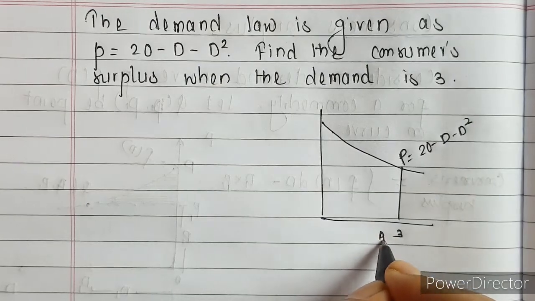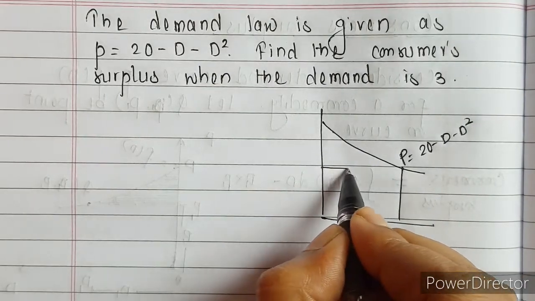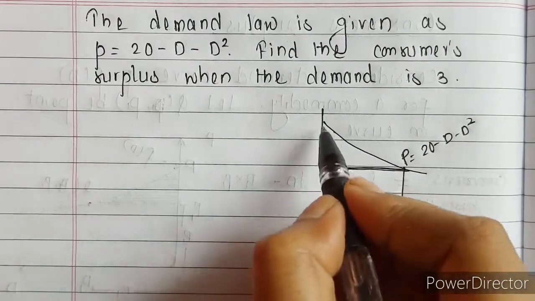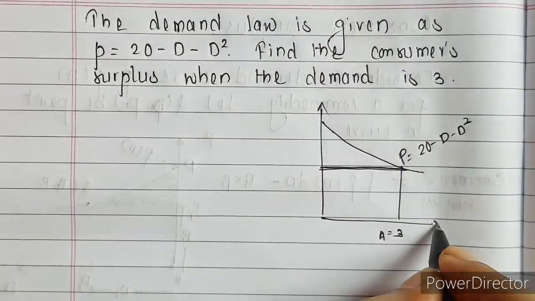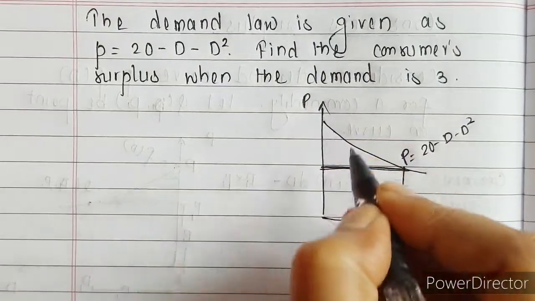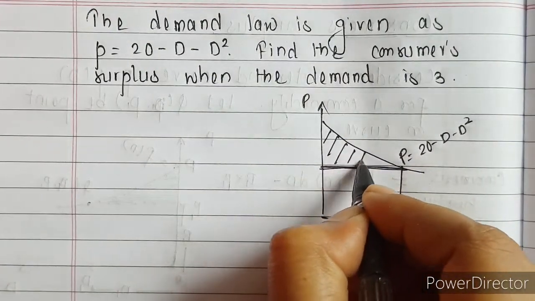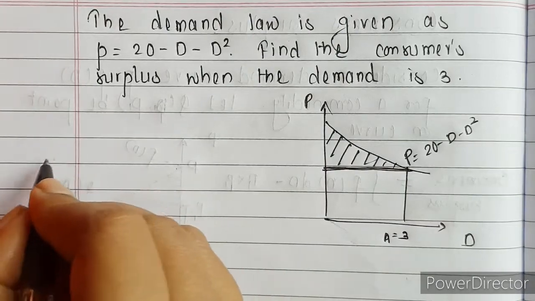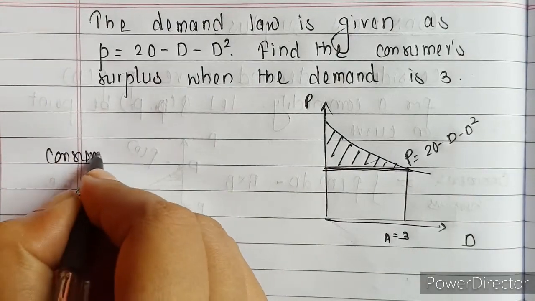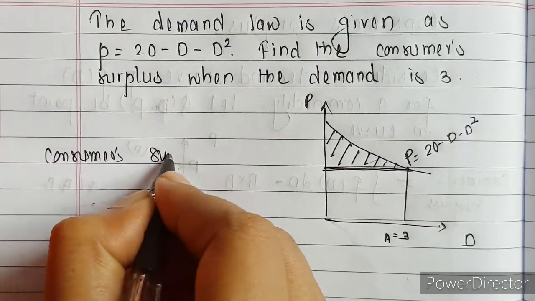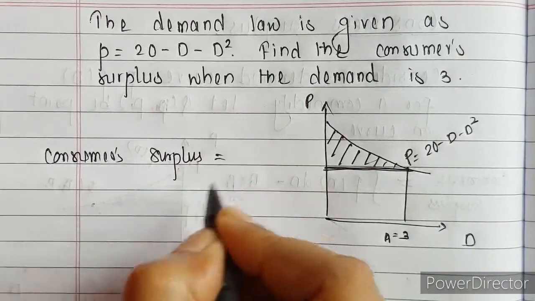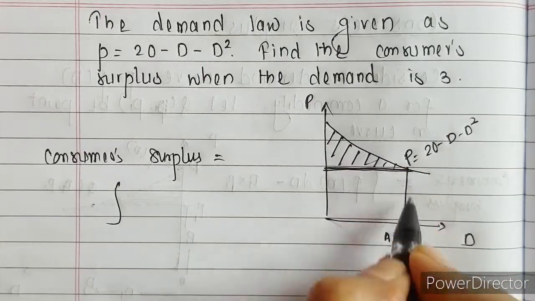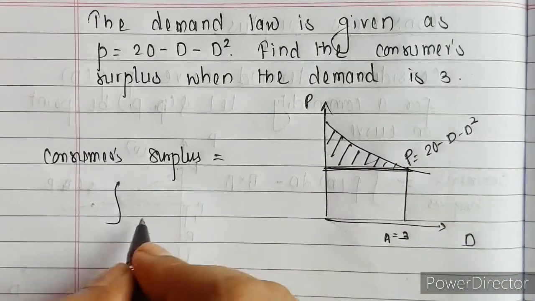This is D1. We don't know the price at this point, and we have to find this consumer's surplus. Consumer surplus is the area under this curve, which is the integral of this curve.